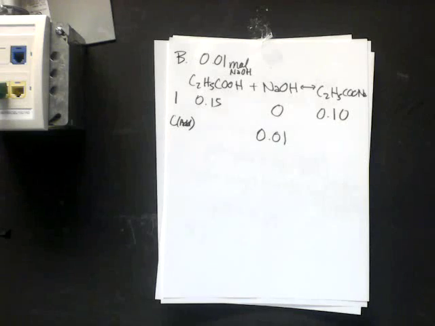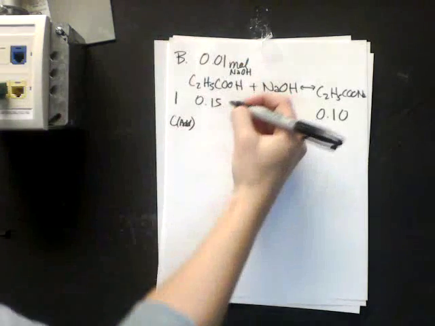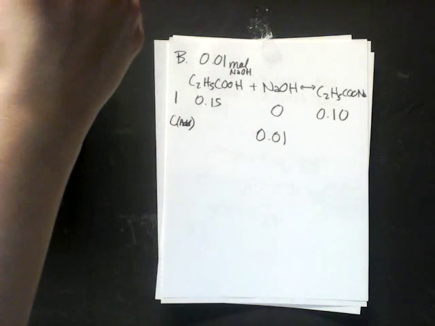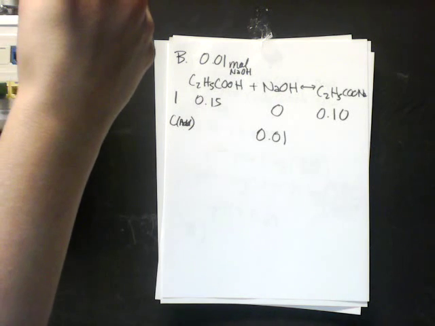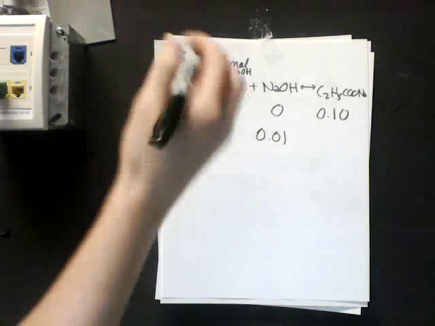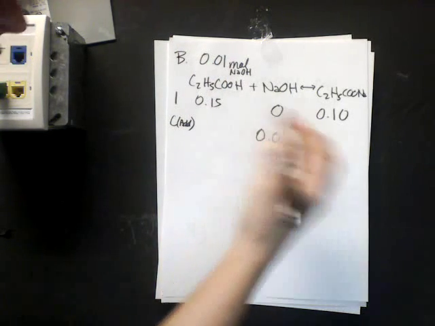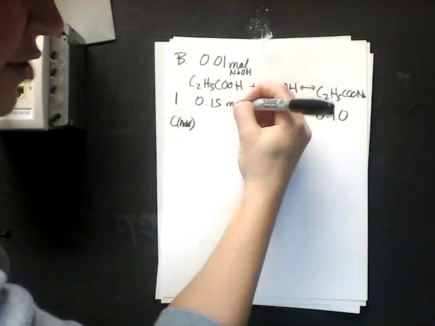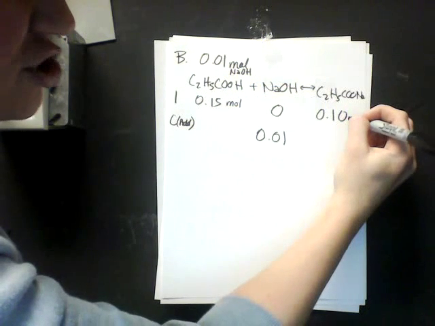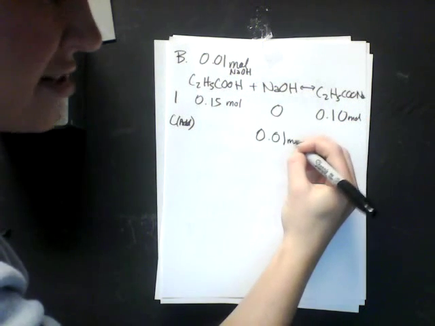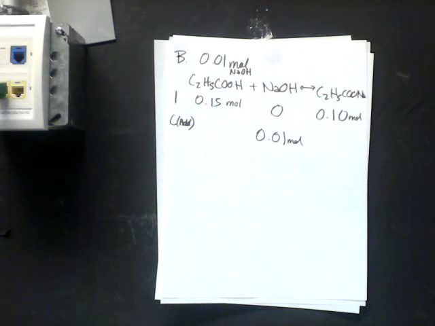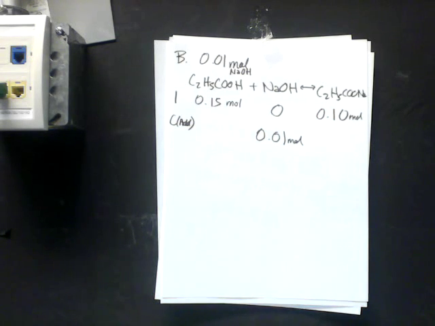If I'm adding that, then you can leave this chart in moles instead of molarity, because at the end you're going to have to put everything over a total volume in many cases, because we're adding something extra, right?